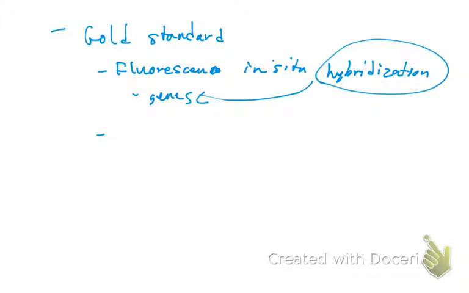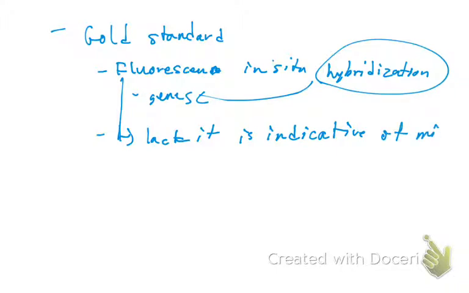The lack of fluorescent signal is indicative of microdeletion. And remember which chromosome it is? It is 22q11.